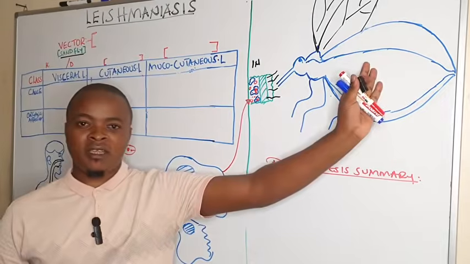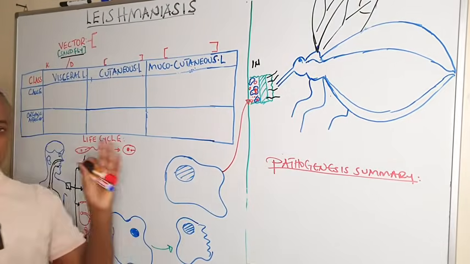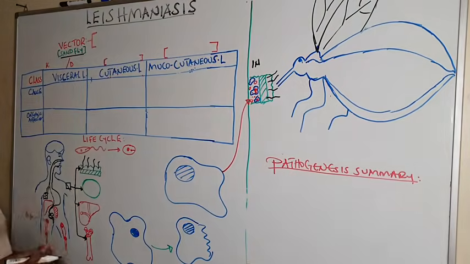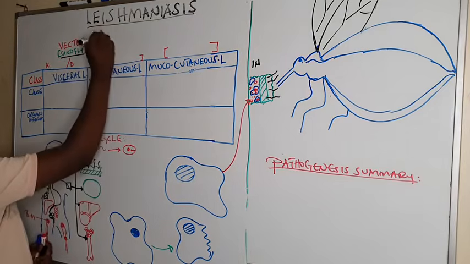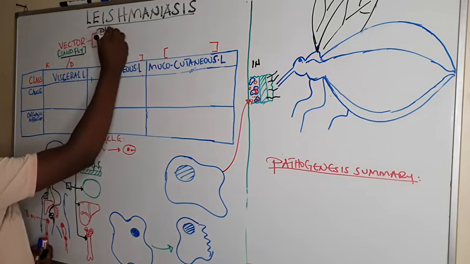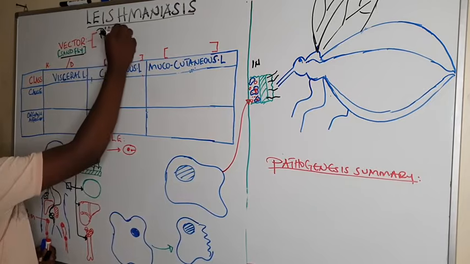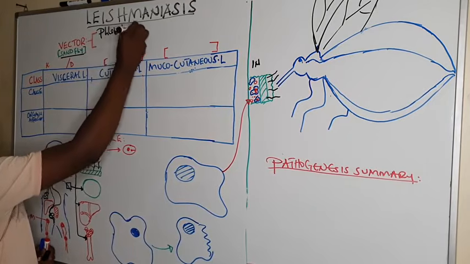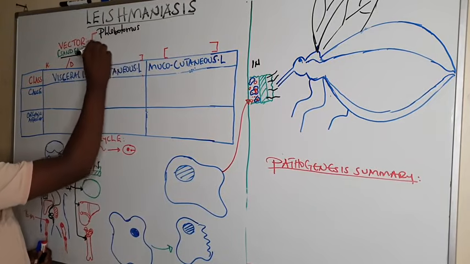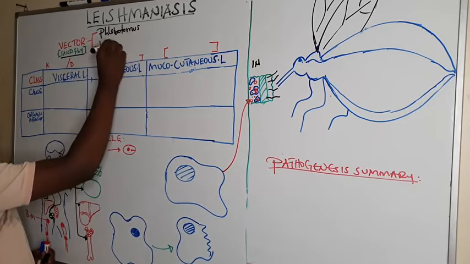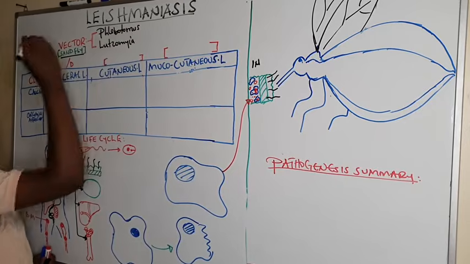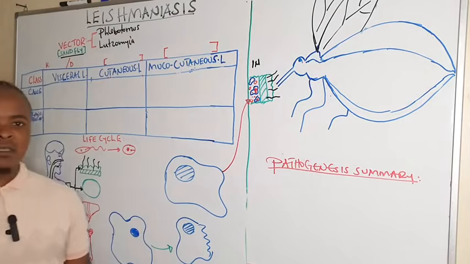This is the sandfly, and it has different genera, or what we call genus, whereby we have genus phlebotomers, and we have also genus Rhizomia, depending on how you pronounce it.